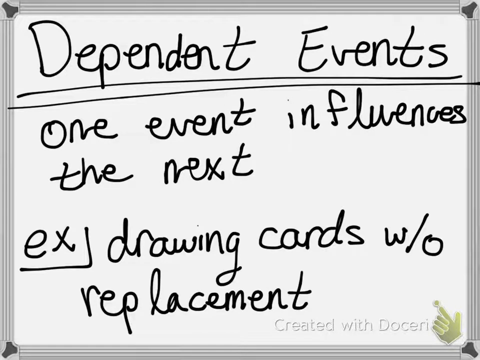If I have a deck of cards and I draw a king and I don't put it back, now there's less cards in the deck and there's not as many kings. So that means the next card I draw is going to have a different probability. Therefore, that first and second depend on each other.